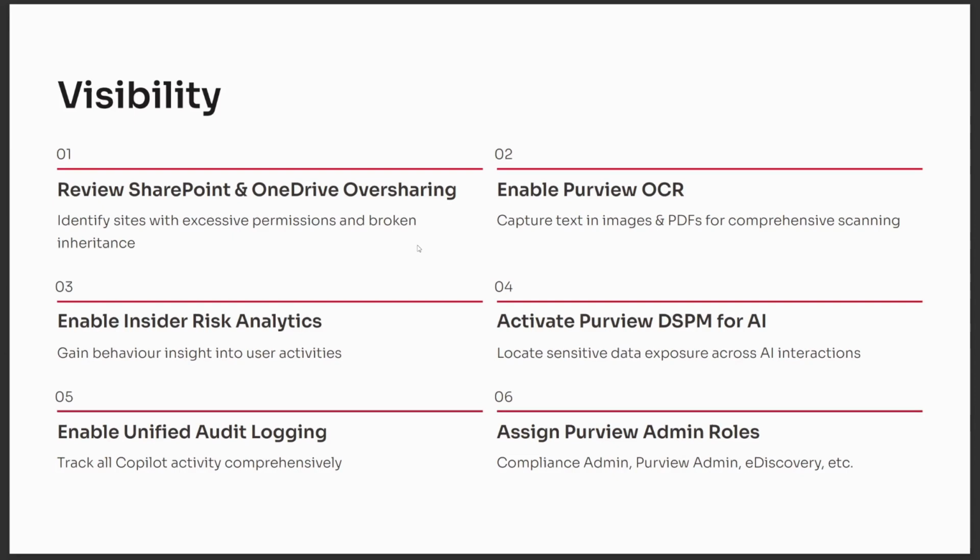And then the second one is enabling the Purview optical character recognition. Why this is really important is that it helps to capture text on images, screenshots, and PDFs. So let's say, for instance, someone uploads sensitive information, or someone takes a photo or screenshot of sensitive information and then uploads it to an LLM like ChatGPT or your Copilot.